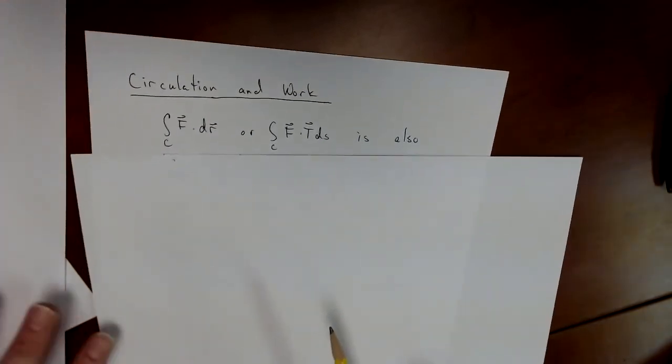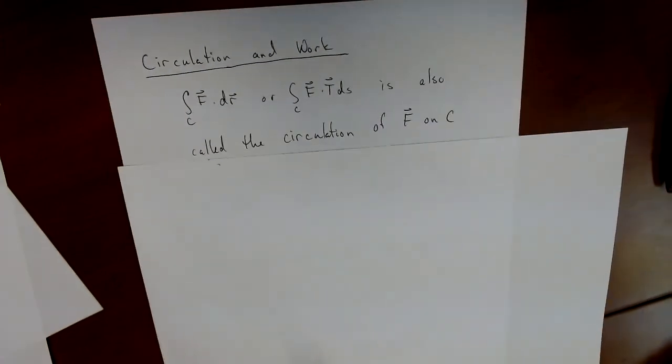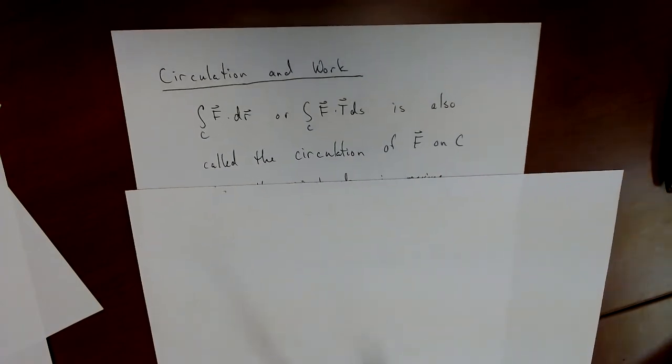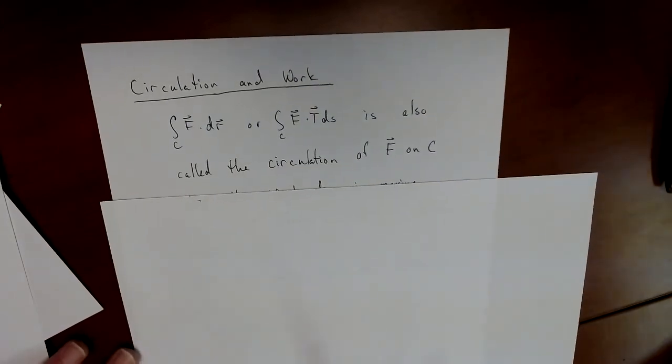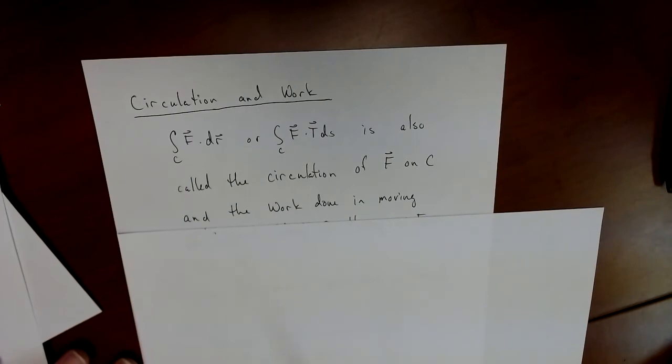So those are the two types of integrals, except that there is a little other notational consideration. We also call this integral of f dot dr or f dot T ds the circulation of f on C. That's what I was talking about, a piling up of f and C moving in the same direction. That's the idea of circulation.